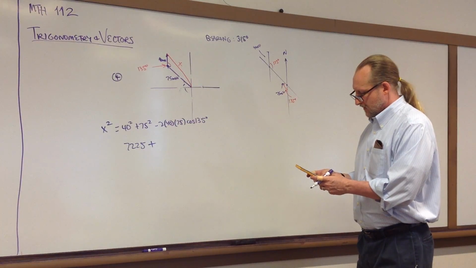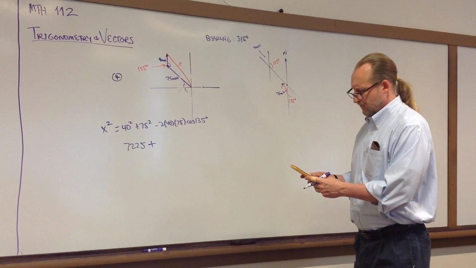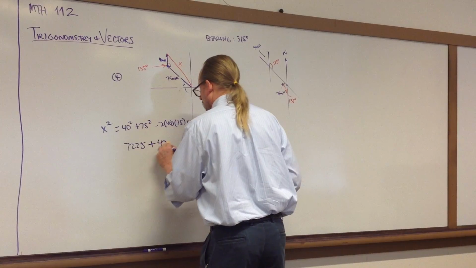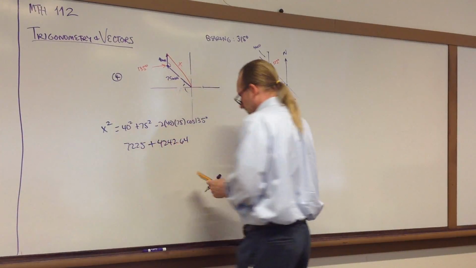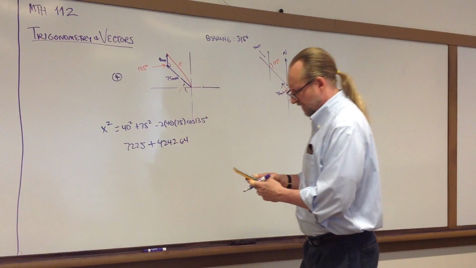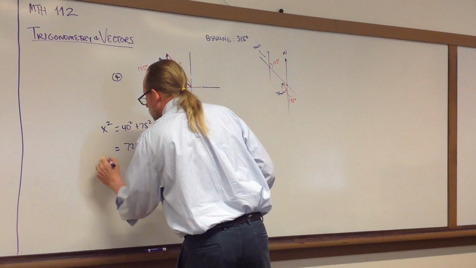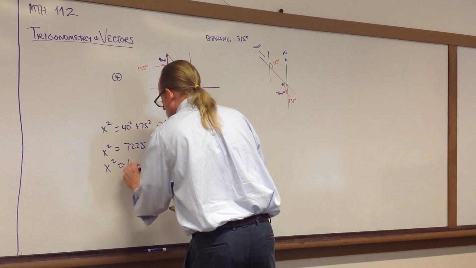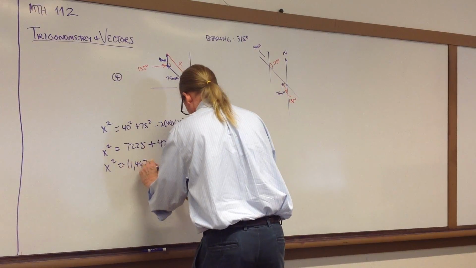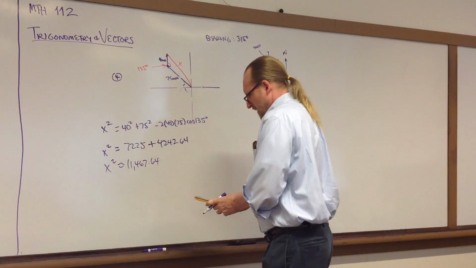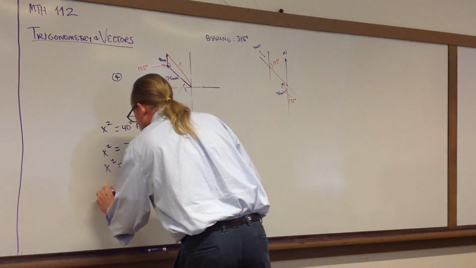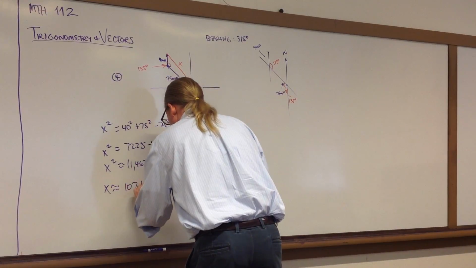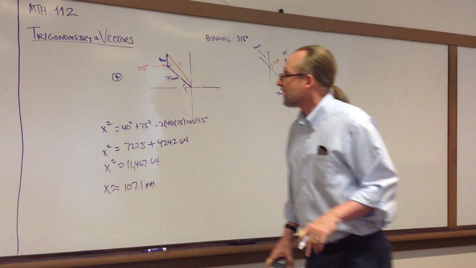And let's see what we get out of this cosine 135. 42.64. And we add that on to the 7225. And so our x squared will be about 11,467.64. And if we square root that, then we get an actual ground speed of the airplane of 107.1 miles per hour.